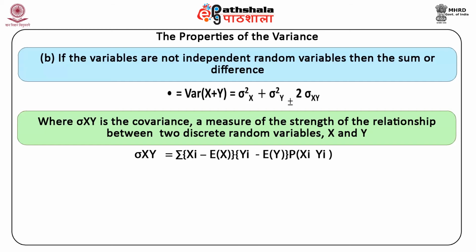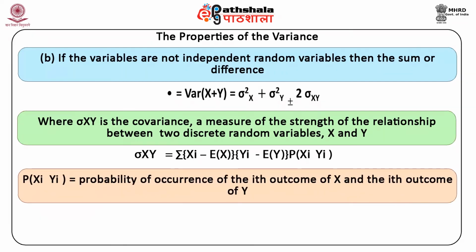And this sigma xy is equal to sigma [xi minus expected value of x] into [yi minus expected value of y] into probability p(xi, yi).